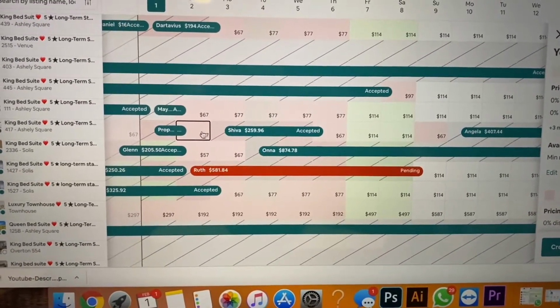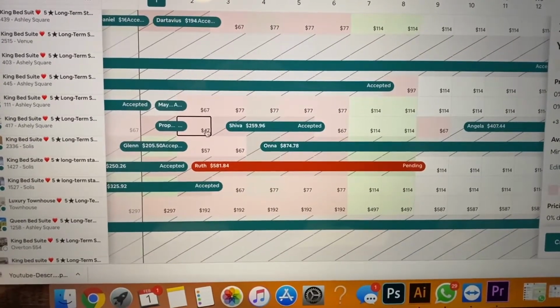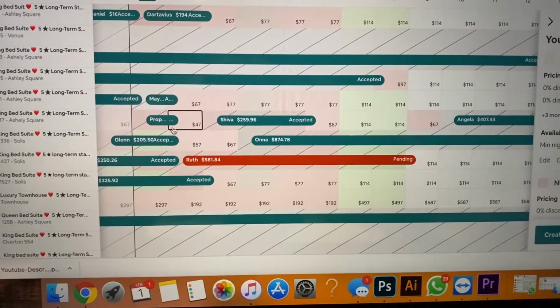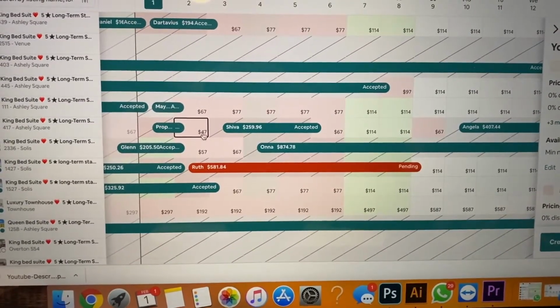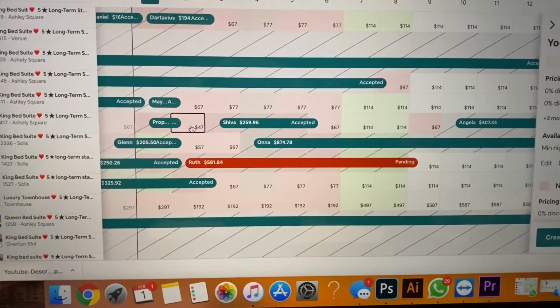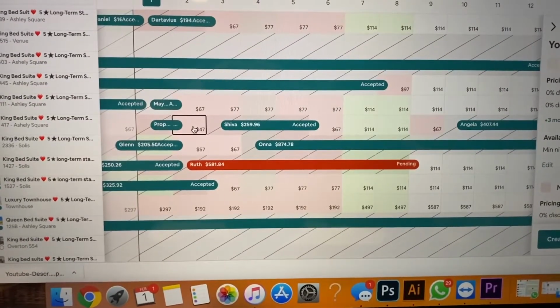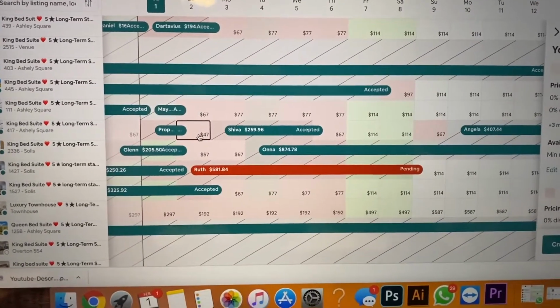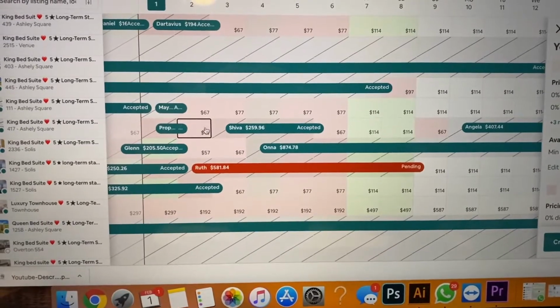Not only that, Airbnb actually advertises your lowest price. So even if somebody's looking for any other night, but they're scrolling, they'll see in my listing that it advertises the $47 instead. So I reduced that price right away in order to attract guests to book for that one night.